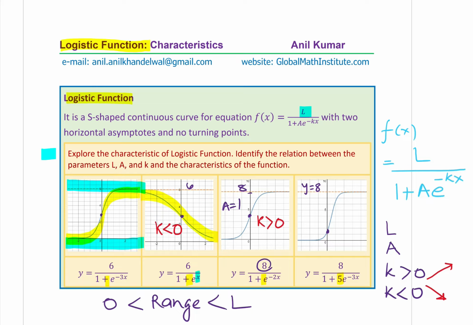However, if the value of a is not equal to 1, the concavity changes at a point which is much lower than the center. So we can say that if the value of a is greater than 1, the point of inflection, this point where the concavity changes, is less than half of L, correct? So something like this we could correlate.